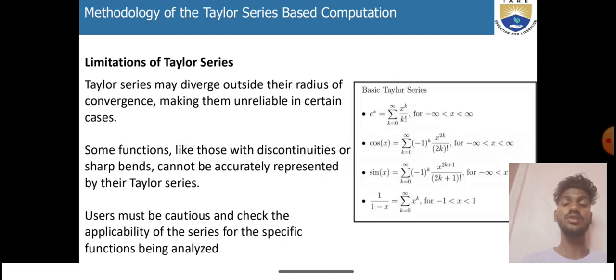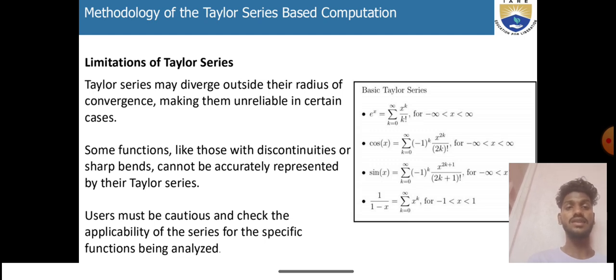Next, we will discuss the limitations of the Taylor series. Here, we will discuss what the limitations are and how we know within which limits we have to use the Taylor series. Taylor series may diverge outside the radius of convergence, making them unreliable in certain cases.